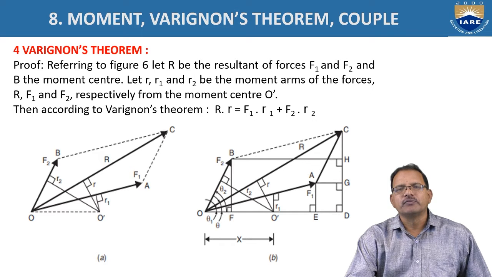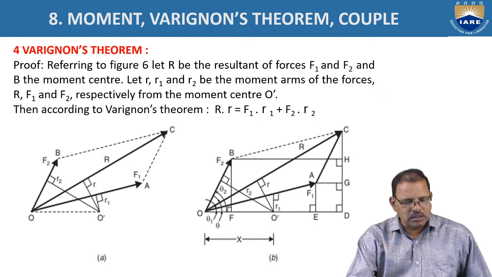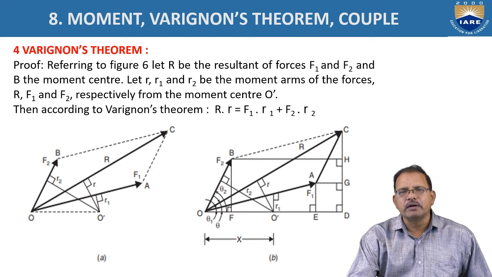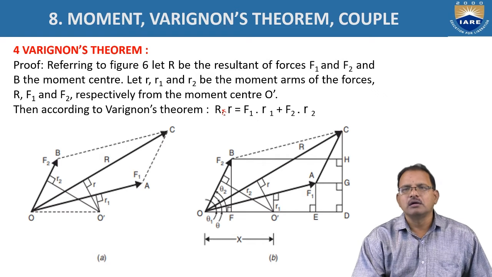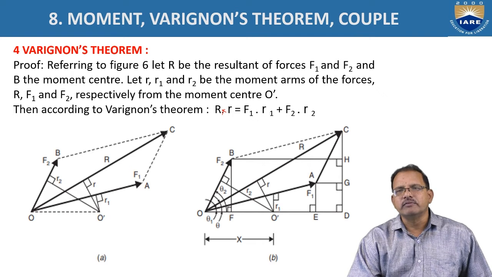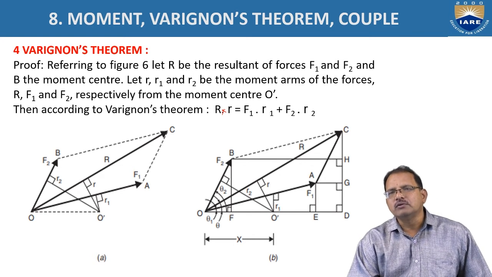Let O be the reference point. R is the resultant of F1 and F2, which are at distances of r1 and r2 from the reference point O. According to Varignon's principle, the moment created by the resultant force at a given point is given by R into r, where R stands for the resultant force and r represents the distance between the reference point and the applied force, equal to F1 into r1 plus F2 into r2.